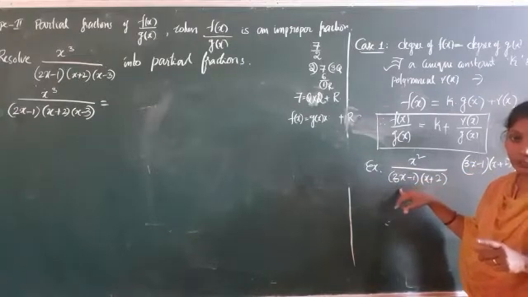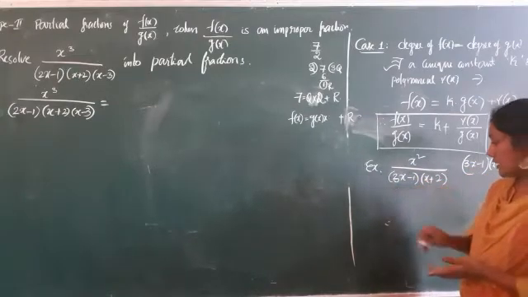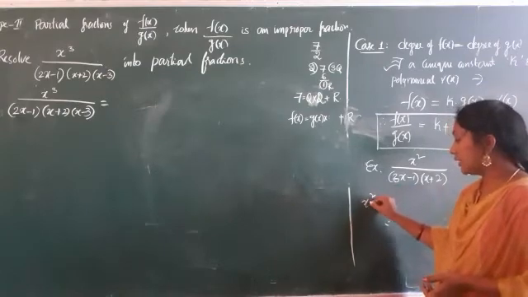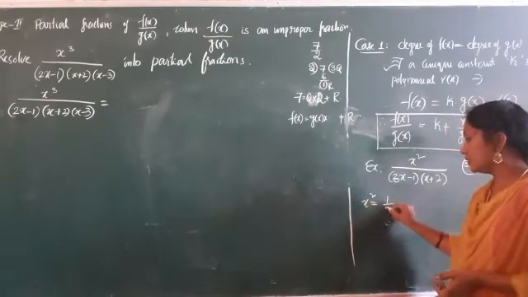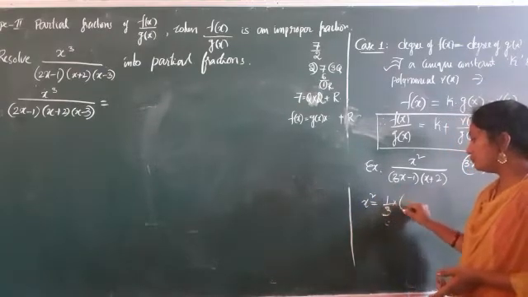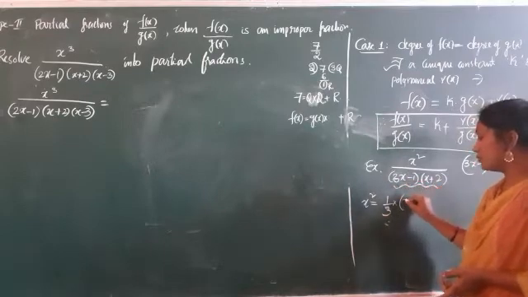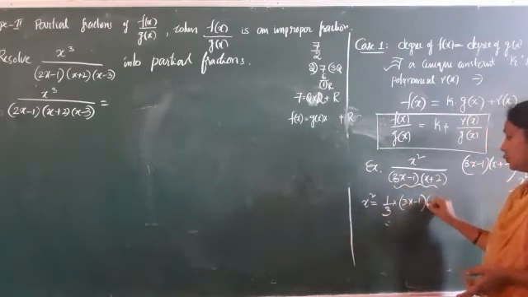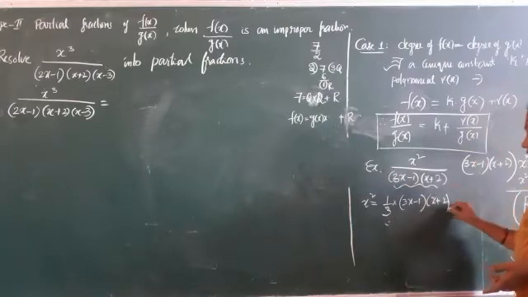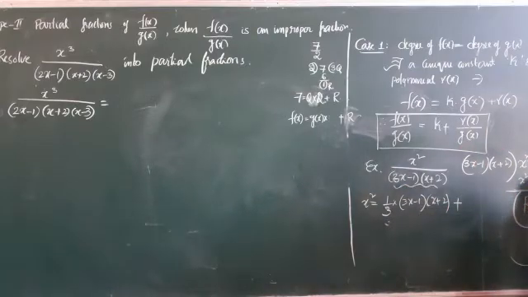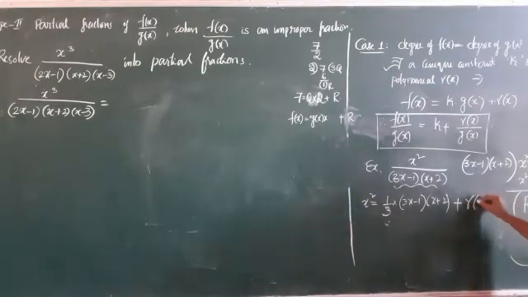If you have 2, you will get 1 by 2. So this x square can be written as the quotient 1 by 3 into (3x minus 1) into (x plus 2), and the remainder you will get as some r of x. It is also a function of x.